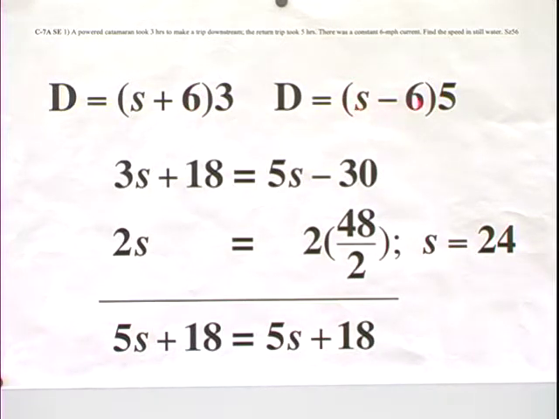When you're going upstream, the speed of the boat in still water, we have to subtract 6 miles per hour. So consequently, it takes 3 hours to go downstream and 5 hours to go upstream, and it's the same distance. So we can equate this to this, and I'm going to multiply it out.